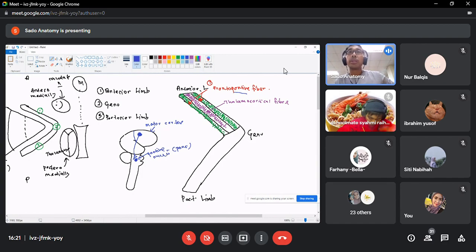Okay, pontine nuclei. And also from the pontine nuclei, class, this is how input from the motor cortex is transmitted to your, yes class? What is the name of this structure, class?